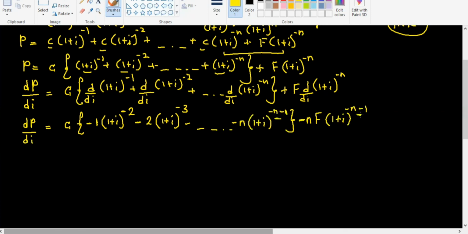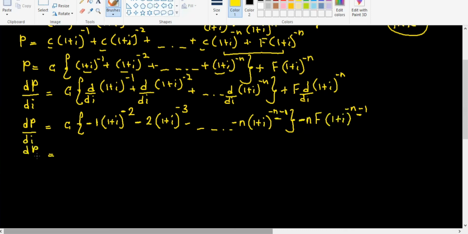So this is the first derivative of this expression. So we can further simplify this. I'm going to take this minus factor out, and I'm going to take the 1 plus I factor also out.